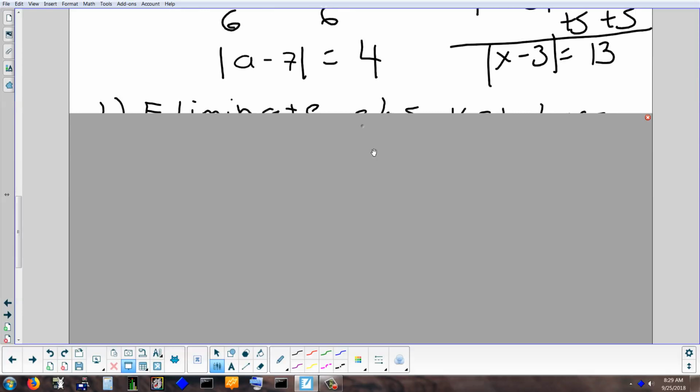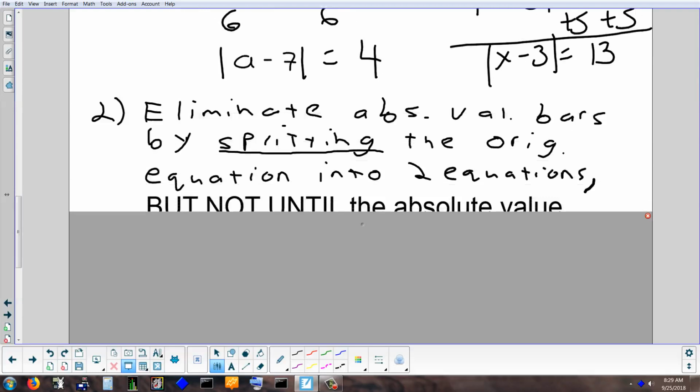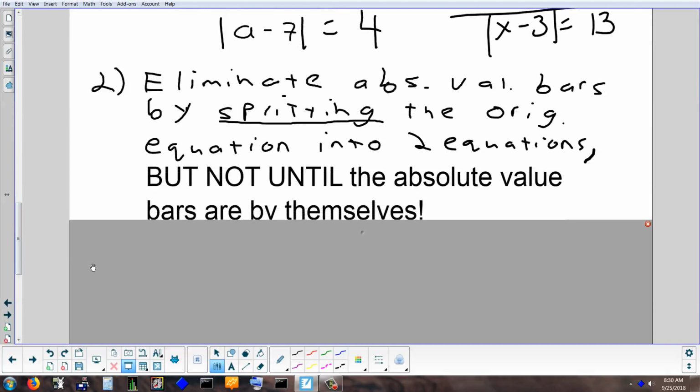All right? Next thing. Next step. Now, the absolute value bars are by themselves. And like I said, you may get that right off the bat. Sometimes you don't. Depends on what kind of a problem it is. All right? We'll eliminate the absolute value bars. We're going to split the original equation in 2.